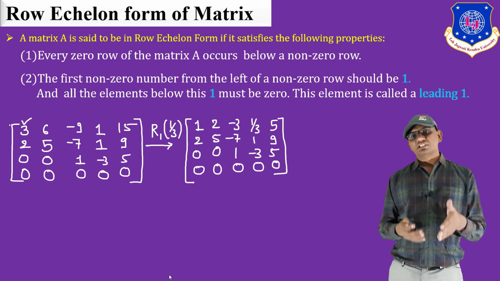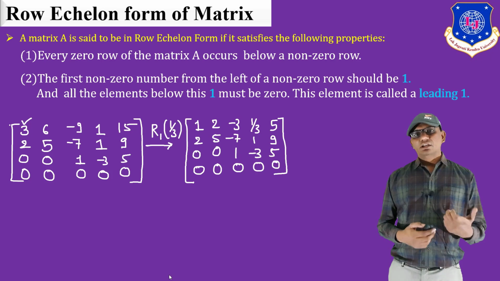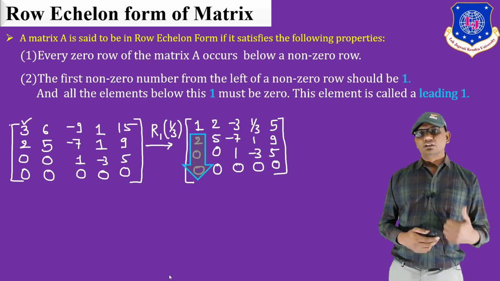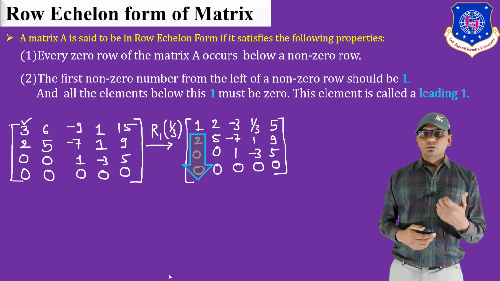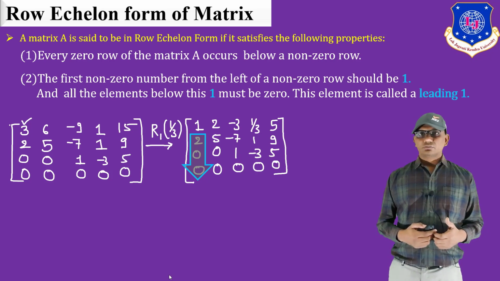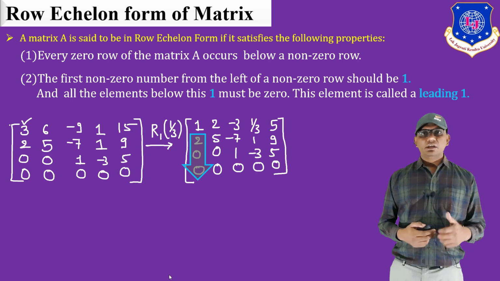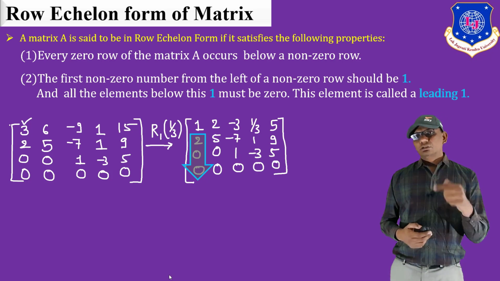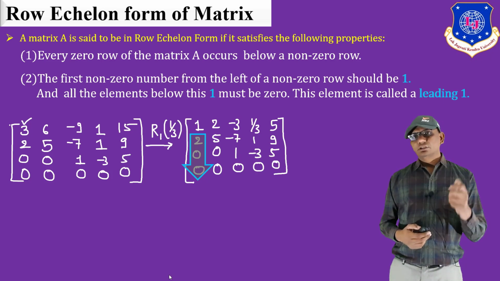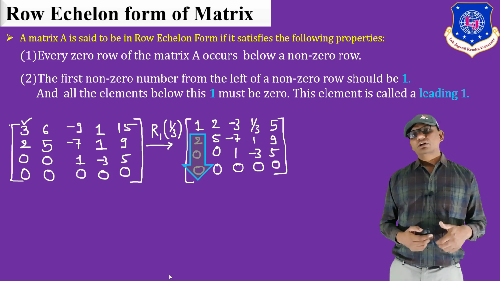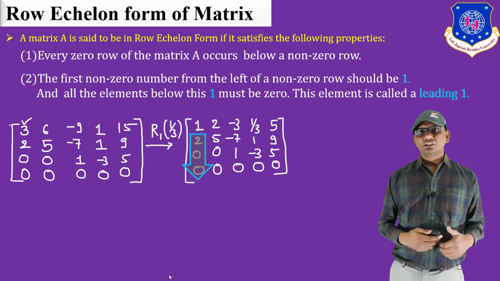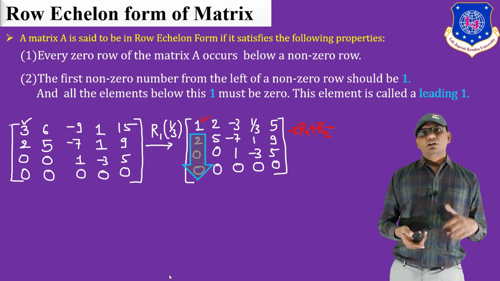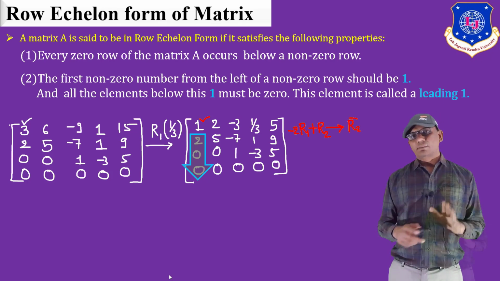So the first and second conditions are satisfied, but according to the second condition, all the entries below that particular 1 should be 0. Here the third and fourth rows have a 0 entry, but the second row below the first 1 is not 0. So we have to convert it into 0 by a row operation. Here we apply this row operation: first row multiplied by -2 and added to the second row, R2.